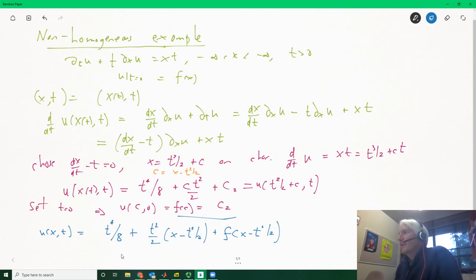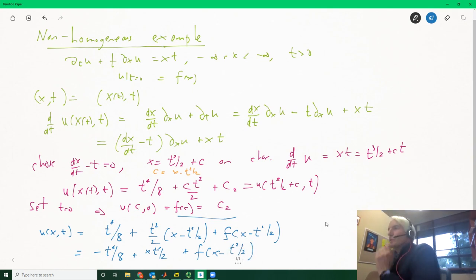And then if we can just finally simplify this, we get t to the 8th minus t to the 4th over 8, so we get minus t to the 4th over 8. Okay, taking that minus that, plus we get x t squared over 2 plus f of x minus t squared over 2. Alright, there's the answer.